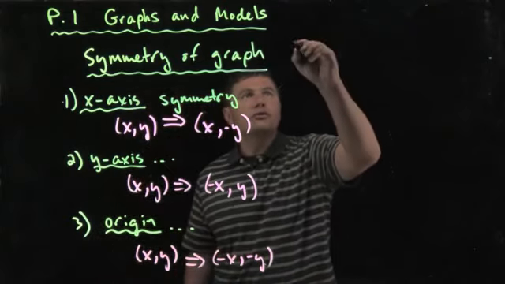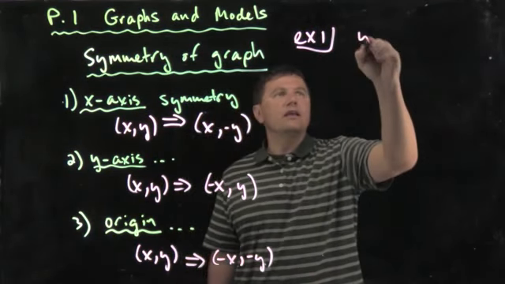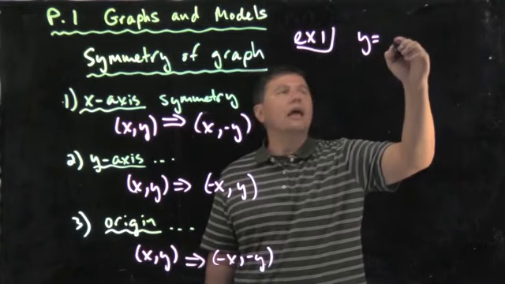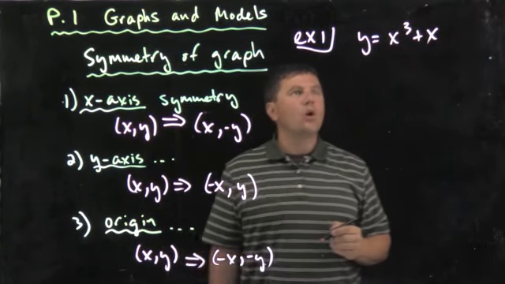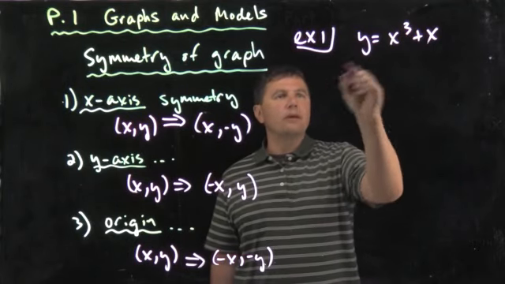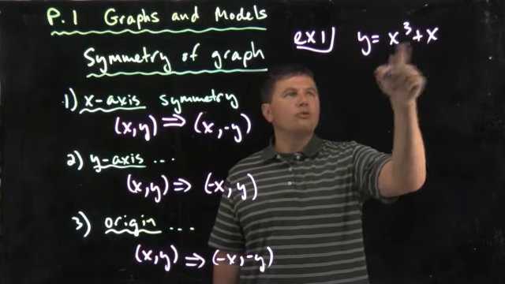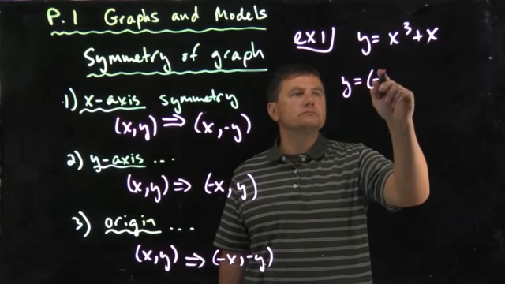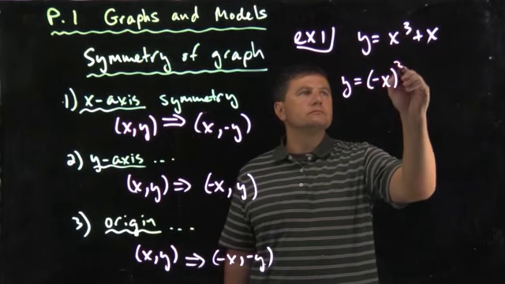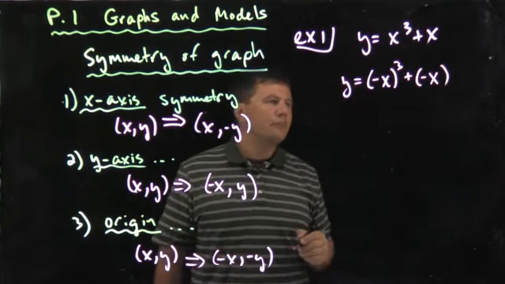So we're going to do two examples here so you can see how this works. Let's say I give you the equation y equals x to the third plus x. How is this thing symmetric? The first thing I'm going to do is plug in negative x. Everywhere I see an x, I'll plug in negative x, and then simplify.